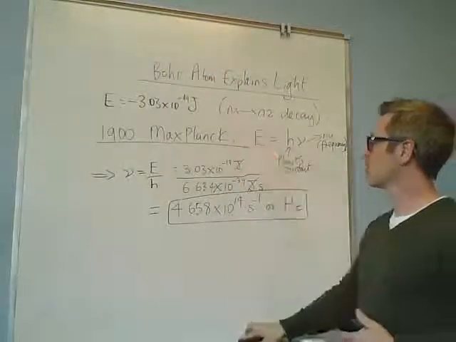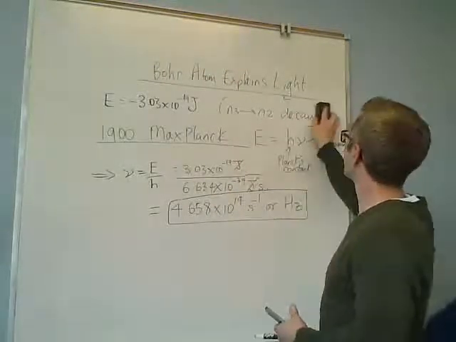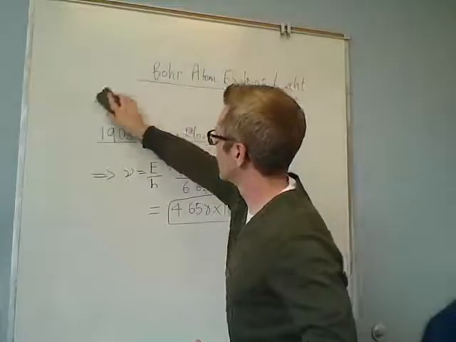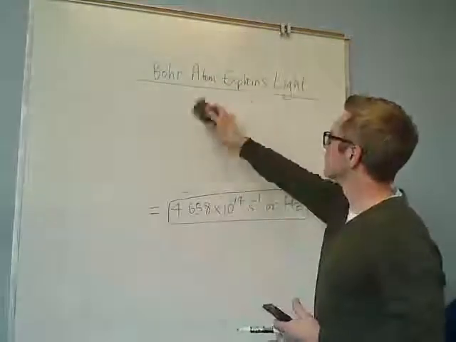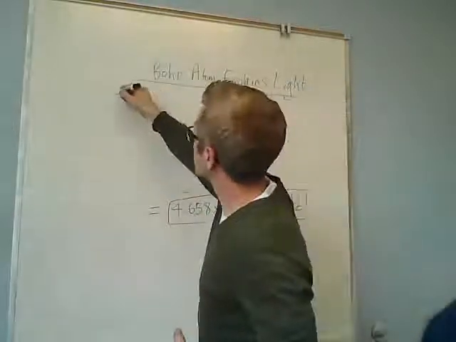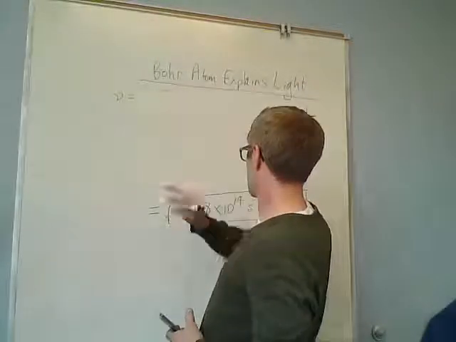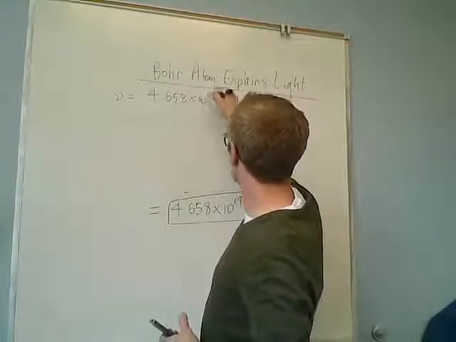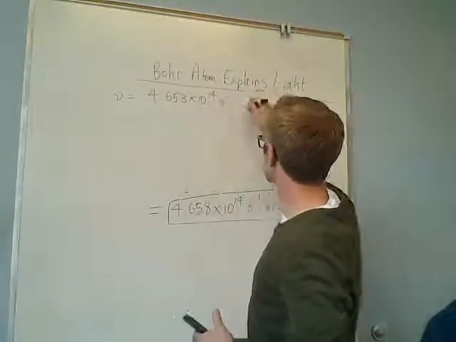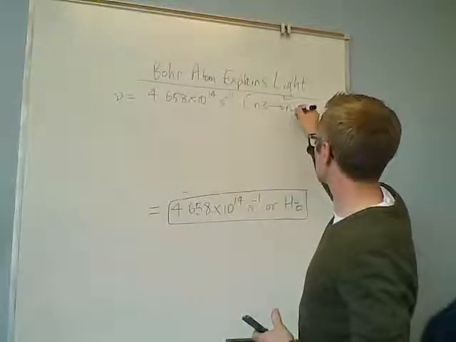I'll rewrite this at the top because I only have a very small whiteboard. So we know that the frequency is 4.658 by 10 to the 14 reciprocal seconds for N3 to N2.